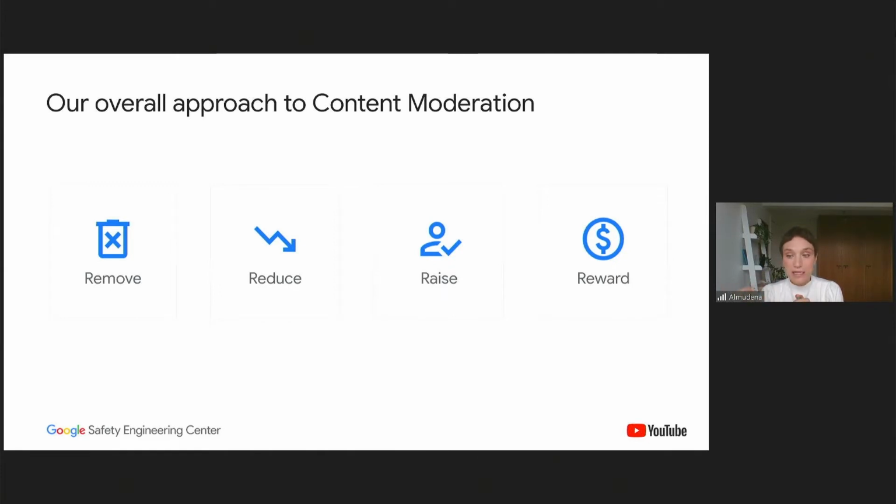Raise means that we look for authoritative sources and raise those, and reward means we work with trusted creators and reward them for creating high quality content. But when it comes to child sexual abuse and exploitation, we are firmly talking about remove for illegal content and reduce when it's borderline content.